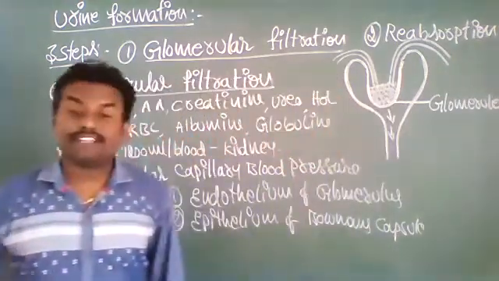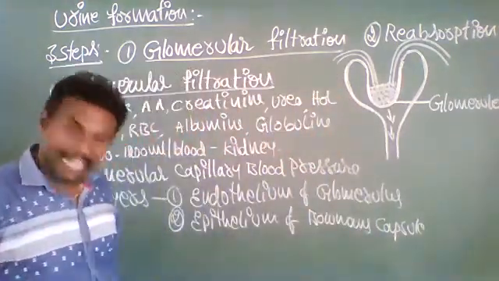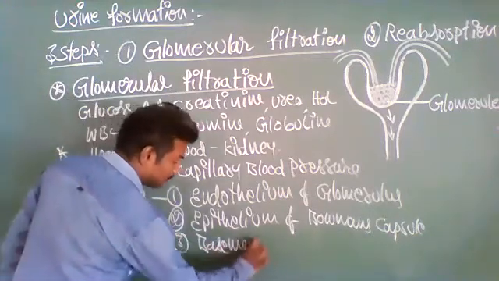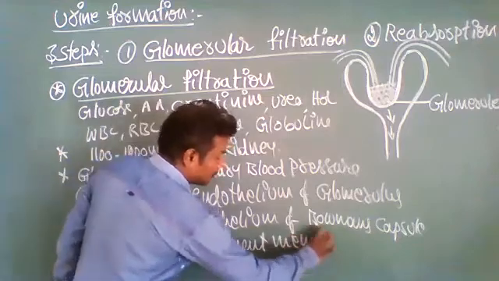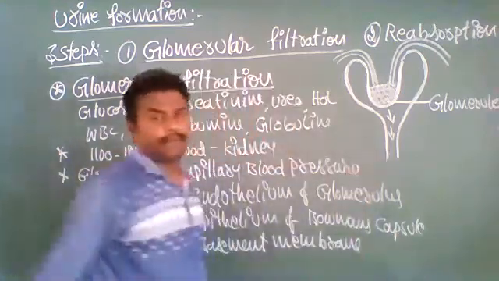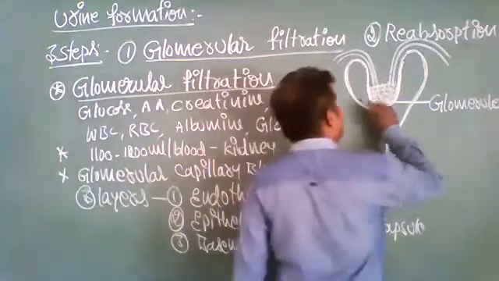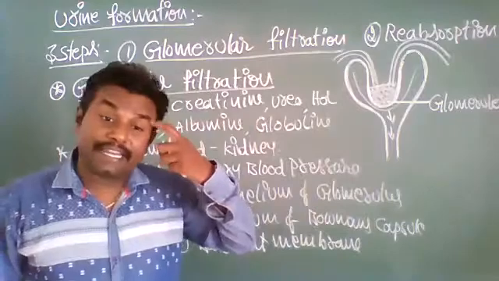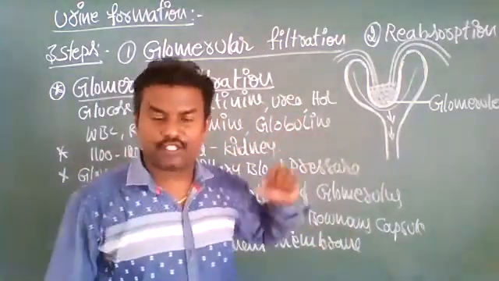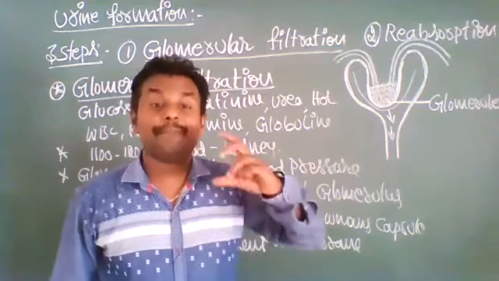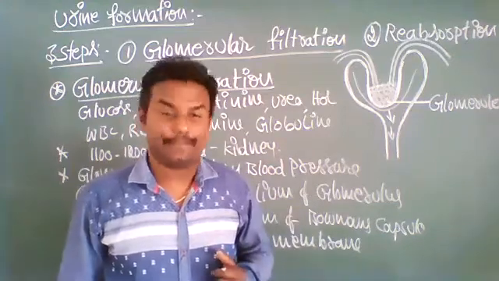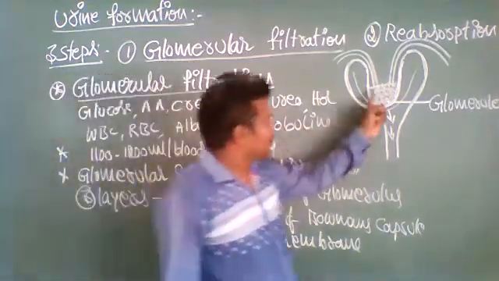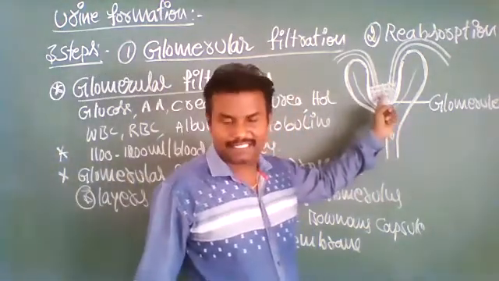The epithelium of the Bowman's capsule and the basement membrane between these two play a major role in the filtration of the blood. Here what I say, glomerular capillary blood pressure. So these are glomerular capillaries.